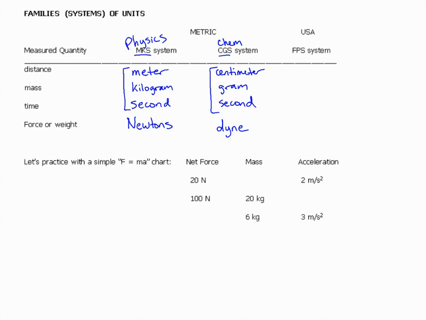In the USA, we have the FPS system. For distance, it's the foot. For mass, for time, it's the second. And for force or weight, we have the pound. Here's our FPS.